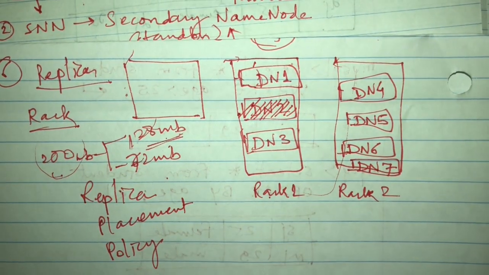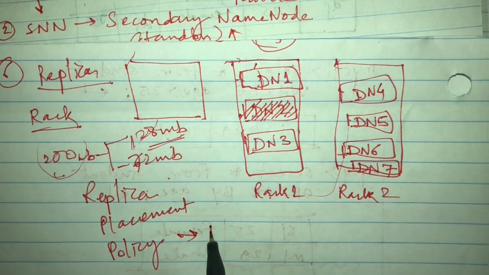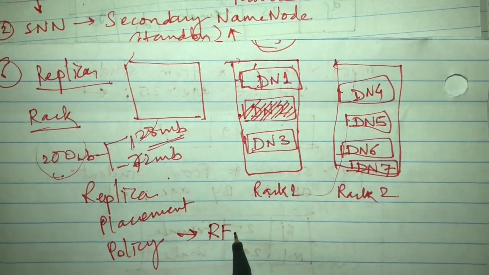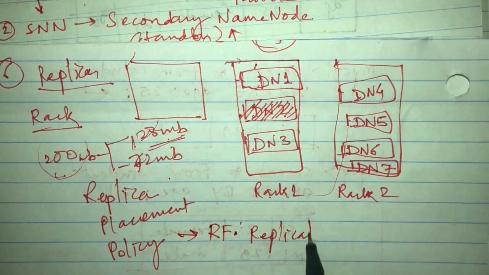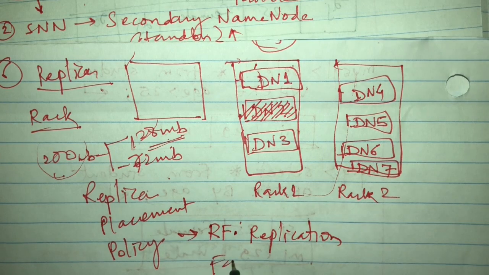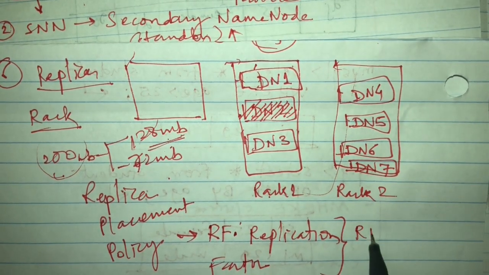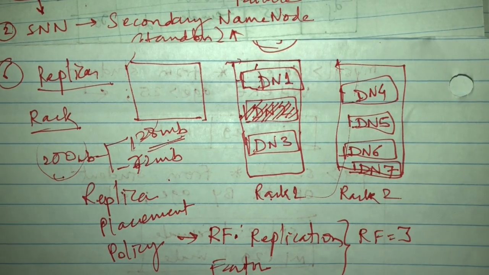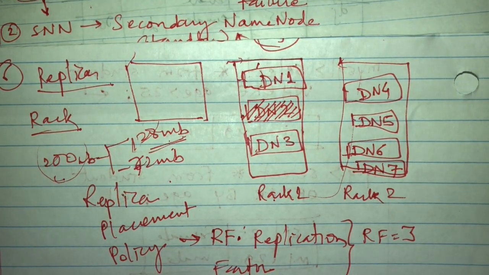Usually this replica placement policy is associated with the replication factor, RF. The default value of the replication factor when you install Hadoop is 3. That means there will be 3 replicas of the original block.